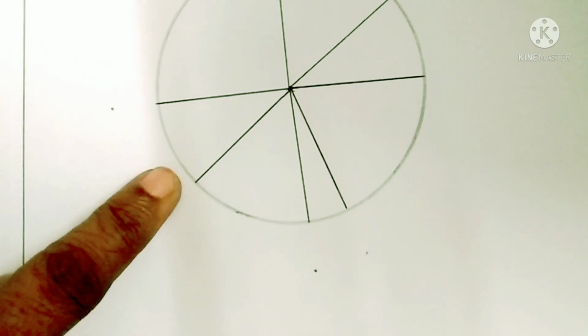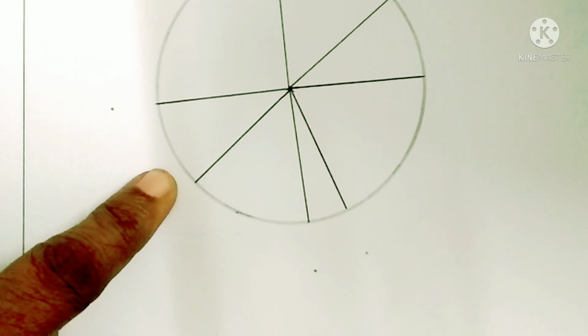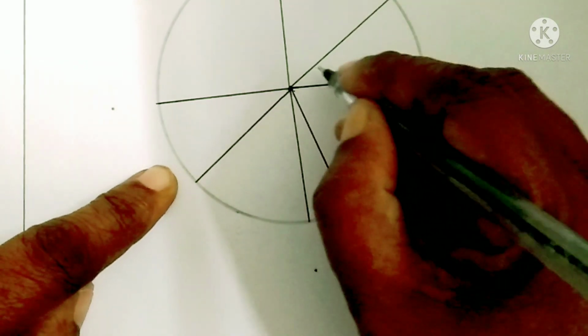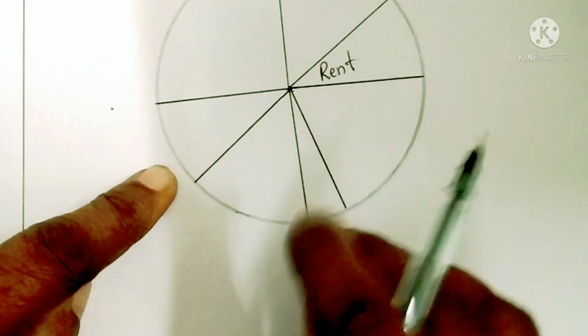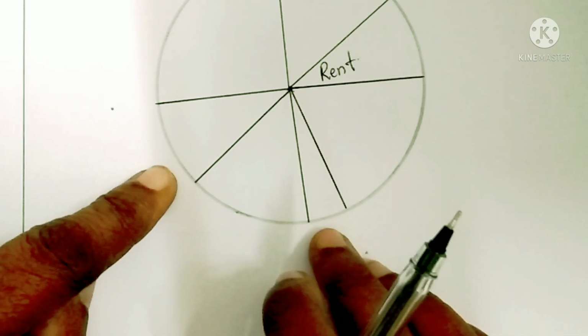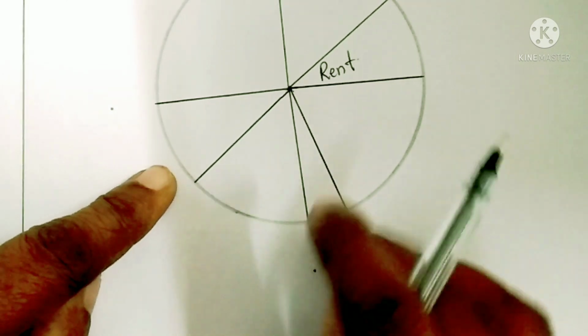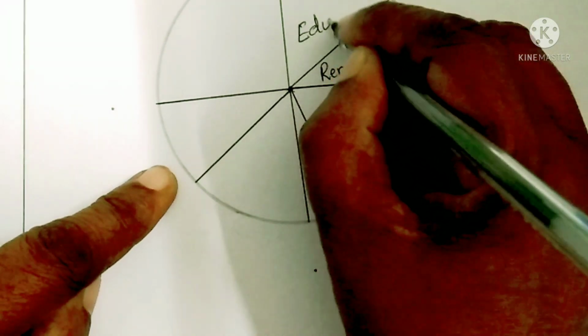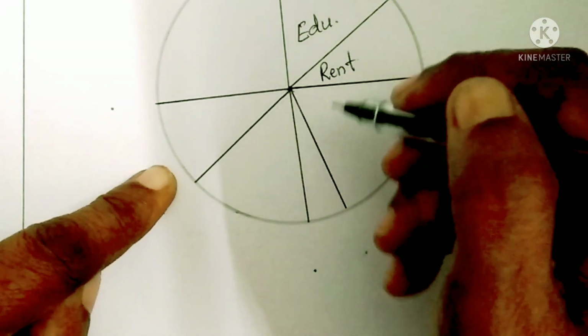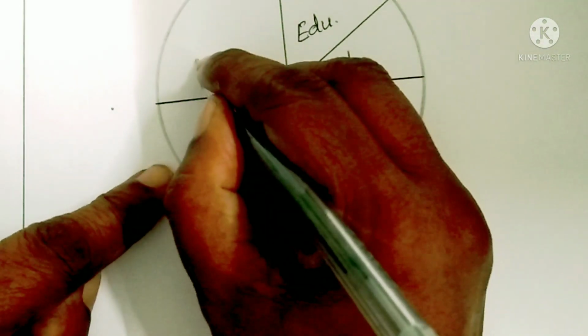See, 10% is for rent. So this is rent. Then we have 15% for education. So it is education. Then we have food 25%.